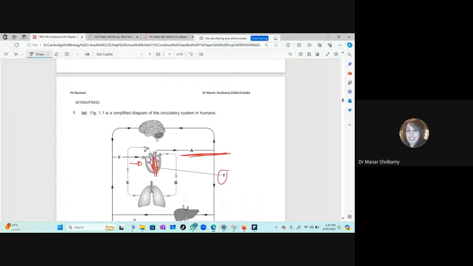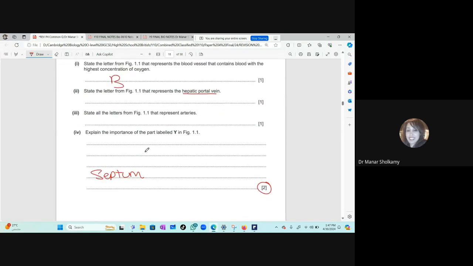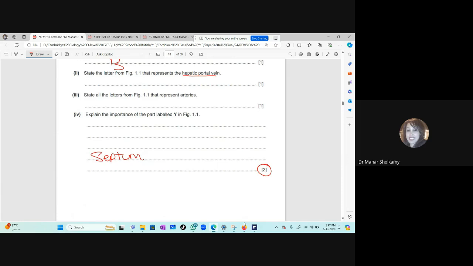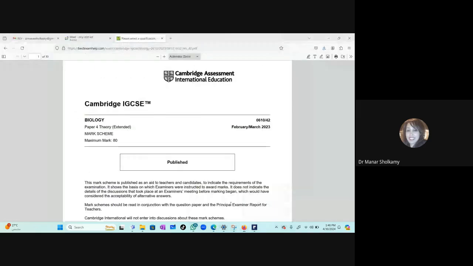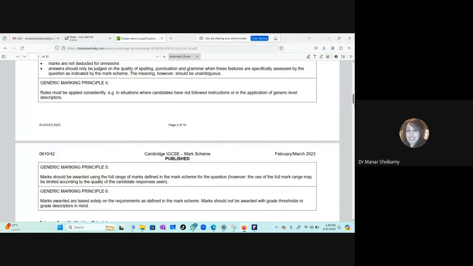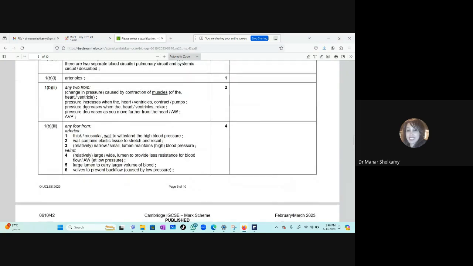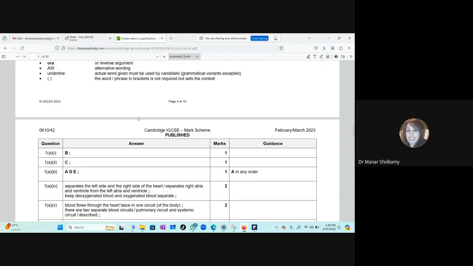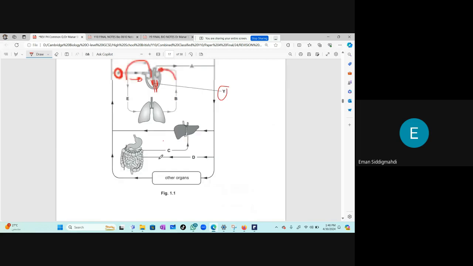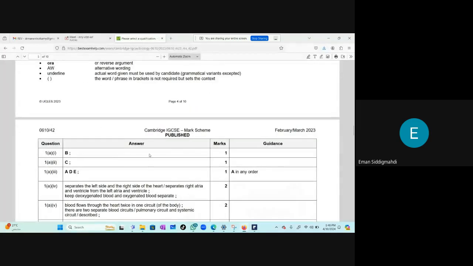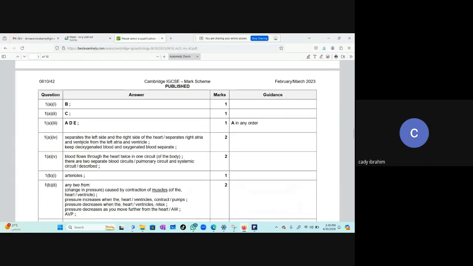This is 1A IV. Let's see if this was in the mark scheme. No, this is not the correct one. This is March 23, we said? Yes, 2023, 42, February, March. Miss, here it is. 1A.